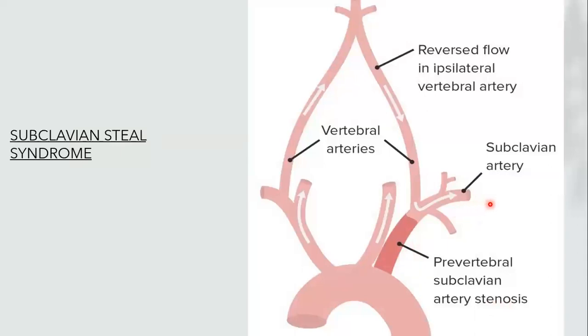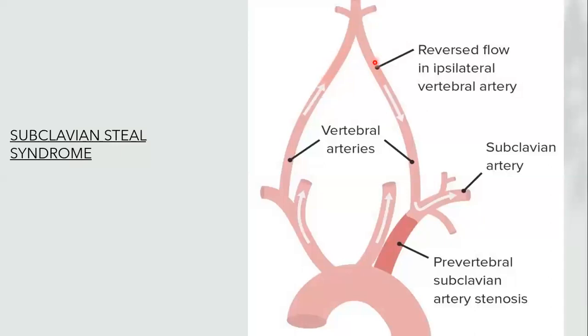So blood will actually reach the left upper limb, but it will take an interesting course. So it will enter the brachiocephalic trunk into the right vertebral artery, but instead of moving to the circle of Willis, because the two vertebral arteries actually join at the pontomedullary junction to give you the basilar artery, at that point blood will actually flow down the opposite vertebral artery because of gravity.